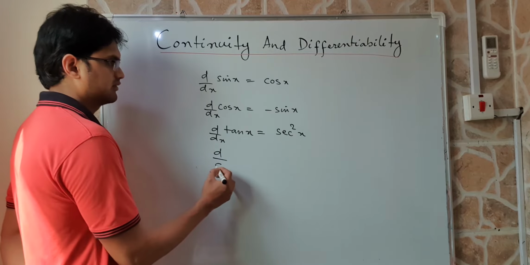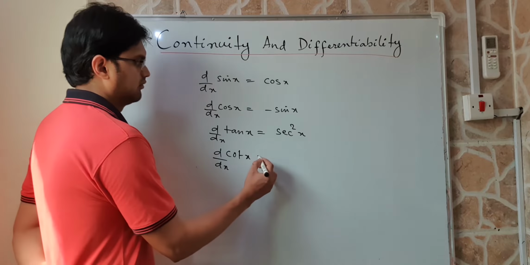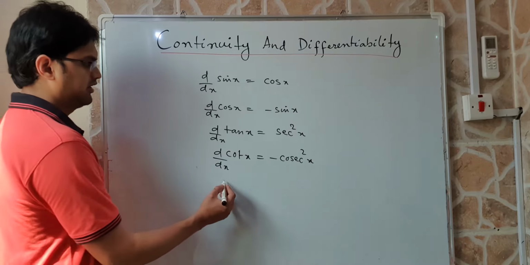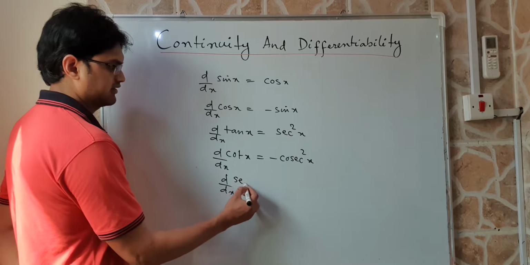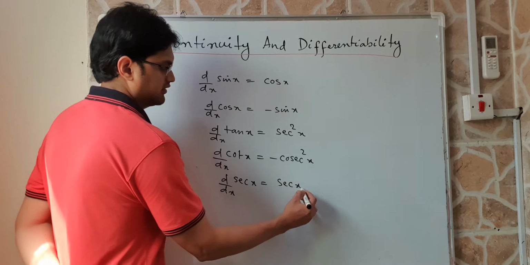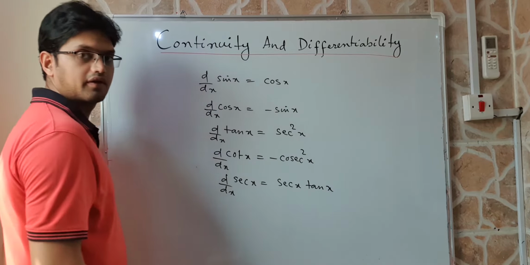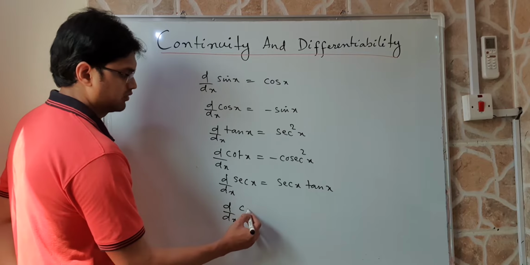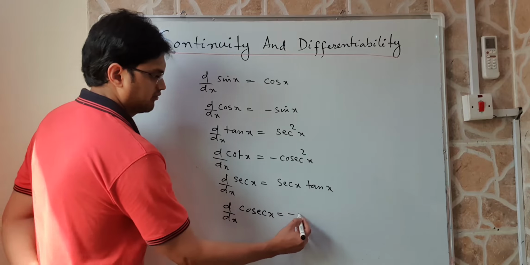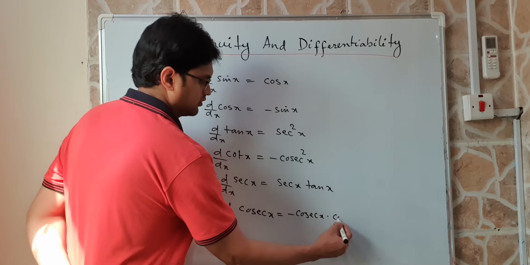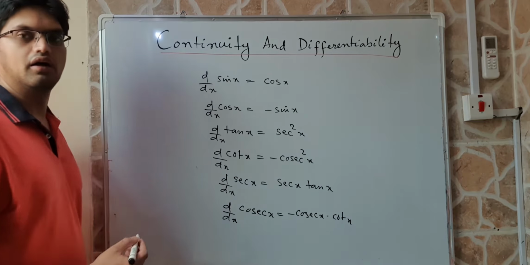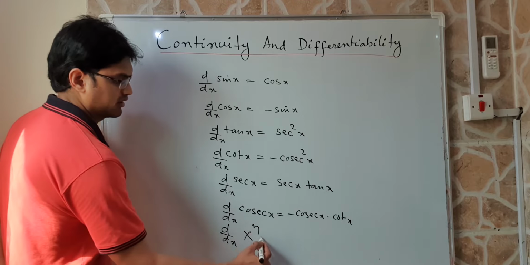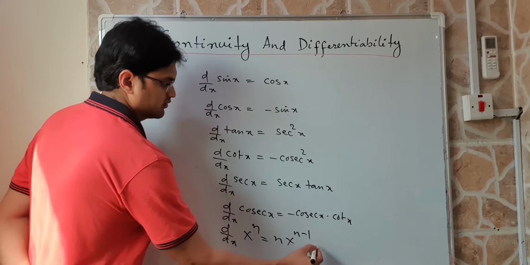Derivative of cot x is minus cosecant square x. Derivative of secant x is secant x into tan x. Derivative of cosec x is minus cosec x into cot x, and the derivative of x power n is n x power n minus 1.